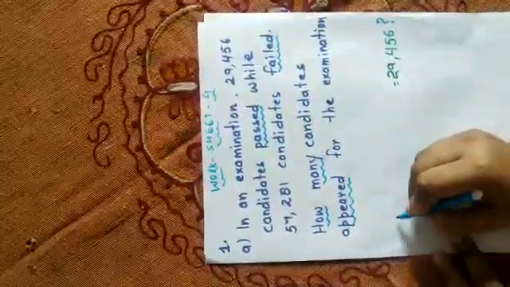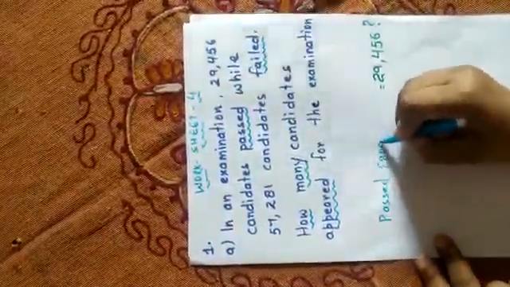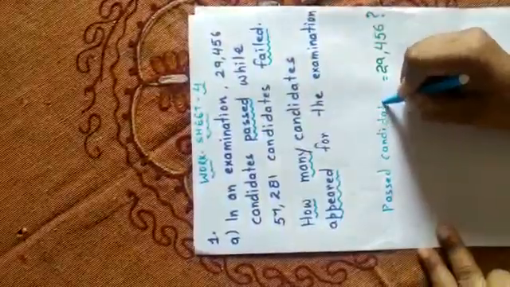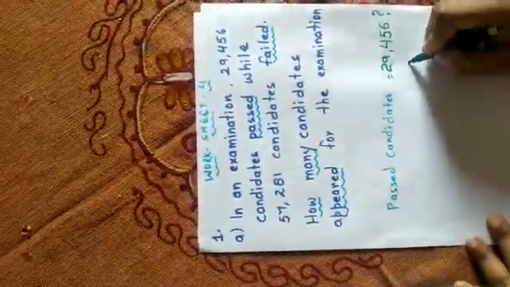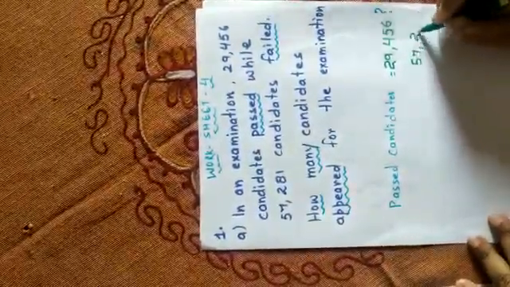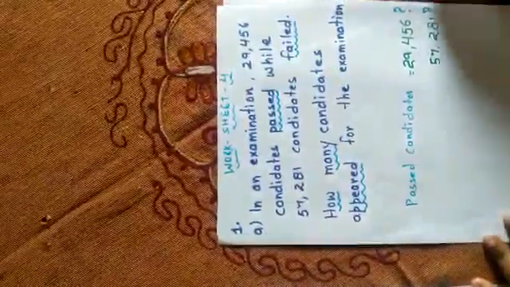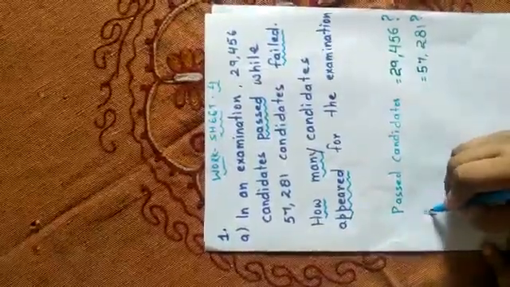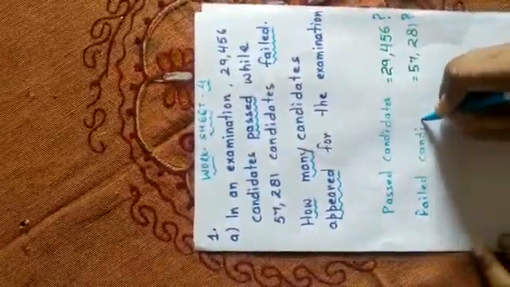Now come to the next, 57,281. What is this? Okay, failed candidates. Failed candidates are 57,281.